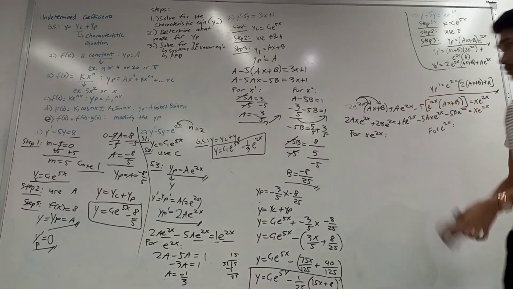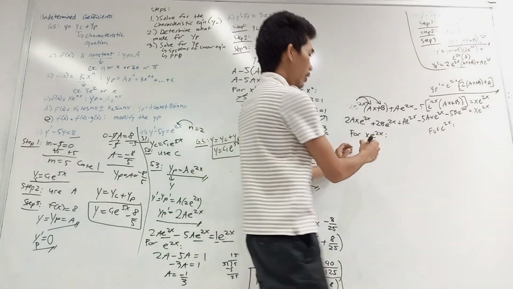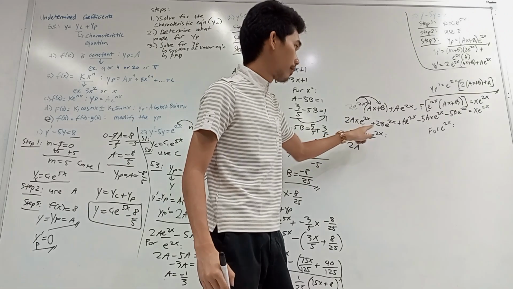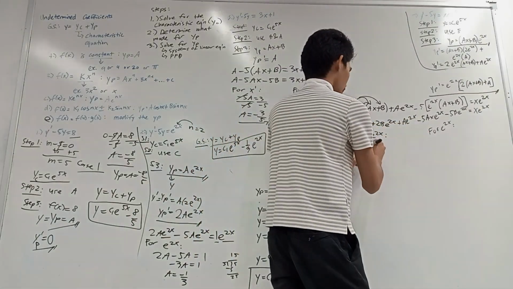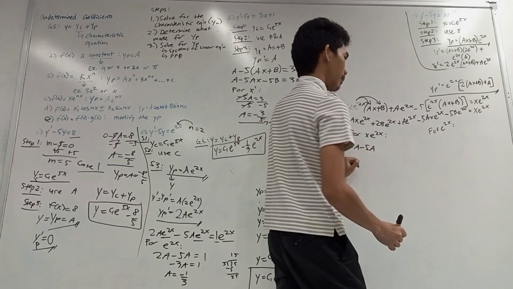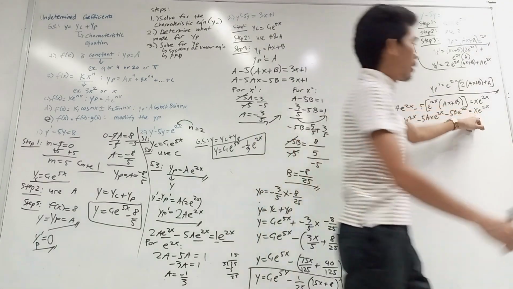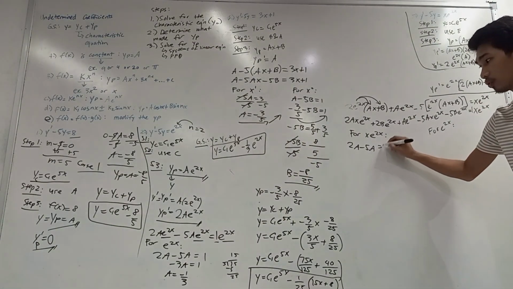So dalawang equations. So for x e raised to 2x, ano meron? So meron tayong 2a, meron tayong 2a. Then meron tayong negative 5a. And then meron tayong yung 1 na constant dito, so equals to 1.